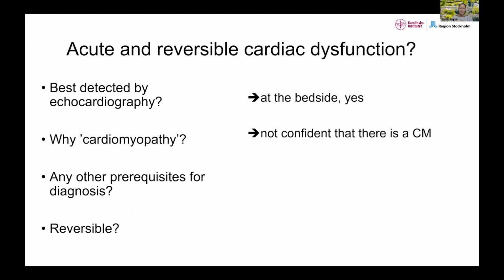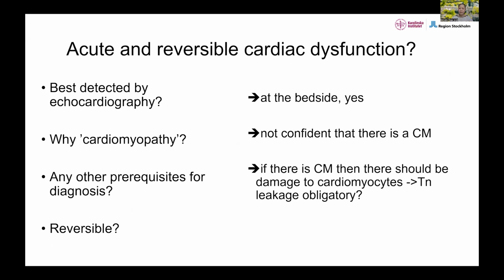And then why cardiomyopathy? We quite often call this entity a septic cardiomyopathy. Well, I'm not completely confident that there is an actual cardiomyopathy per se, because I'm not confident that there is a primary disease of cardiac muscle.